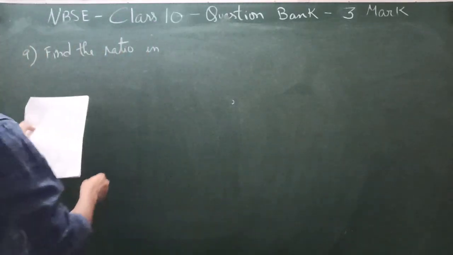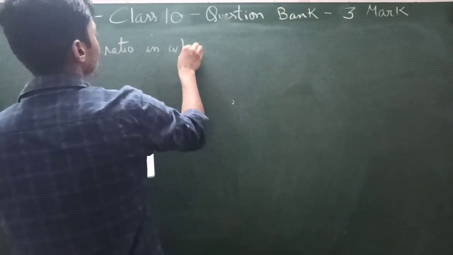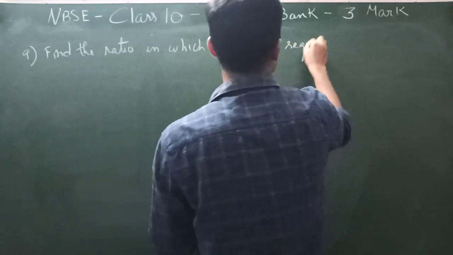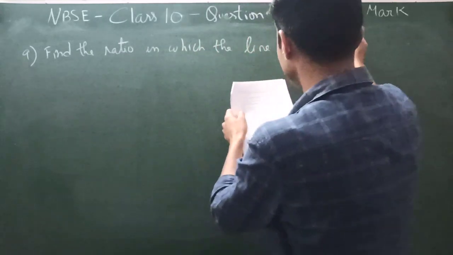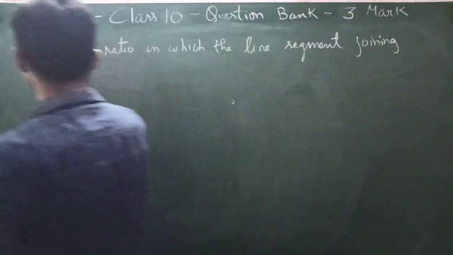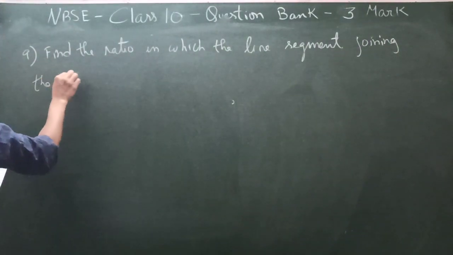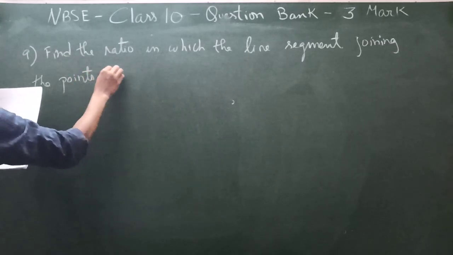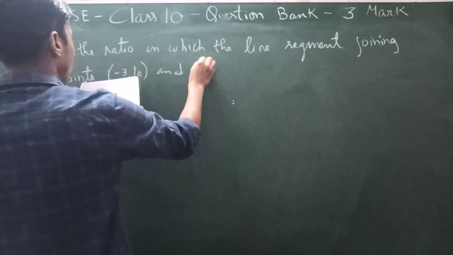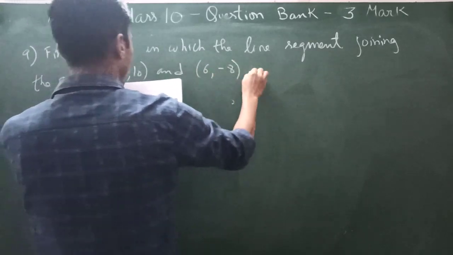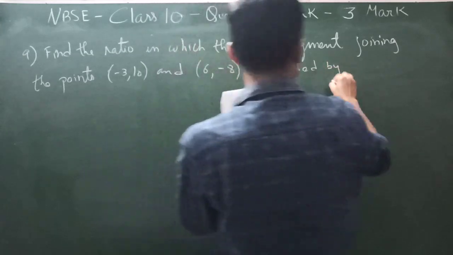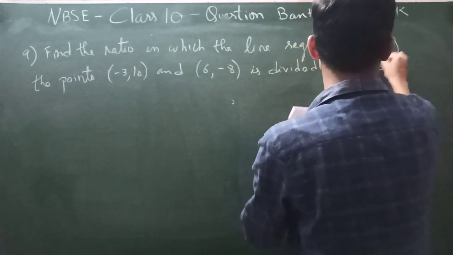Find the ratio in which the line segment joining the points minus 3, 10 and 6, minus 8 is divided by the point minus 1, 6.